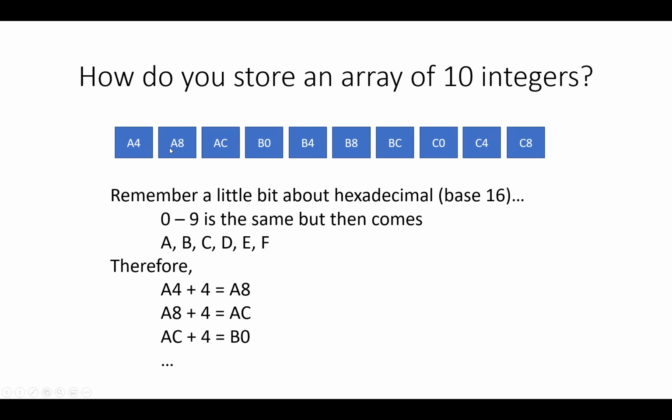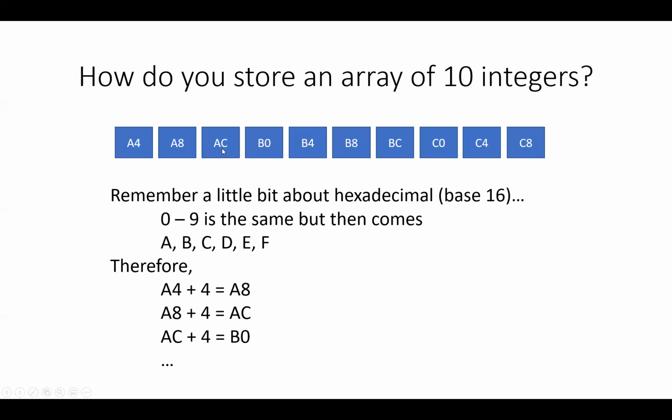Now, if you recall, for what we just saw, an integer can be stored in 4 bytes. And you'll now see that the difference between the neighboring addresses, in other words, the address of this first box is A4, and the address of the second box is A8, which corresponds to 4 bytes.